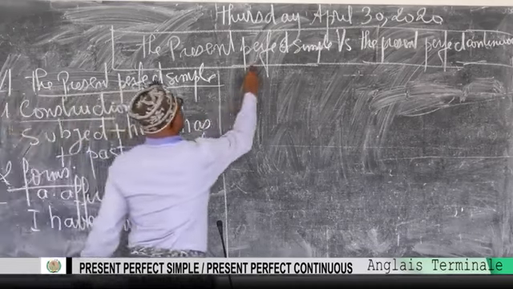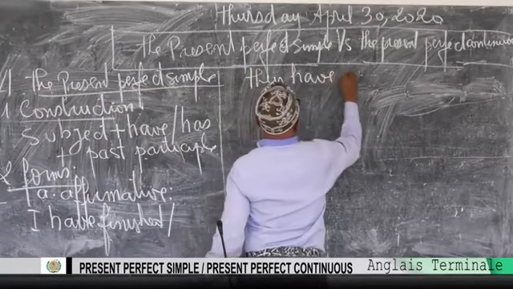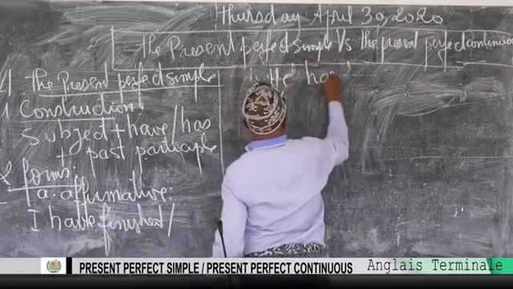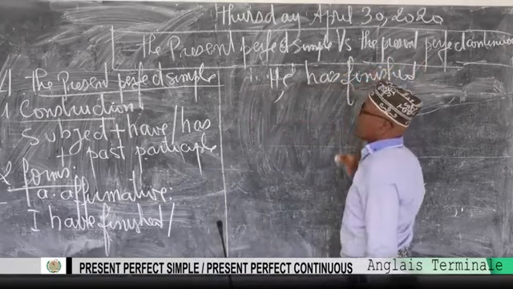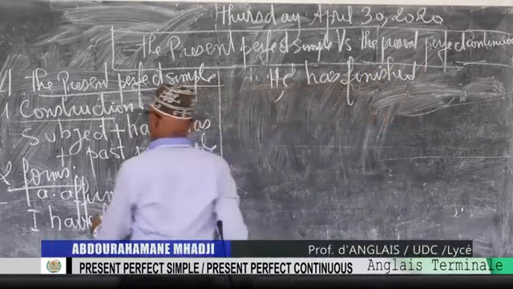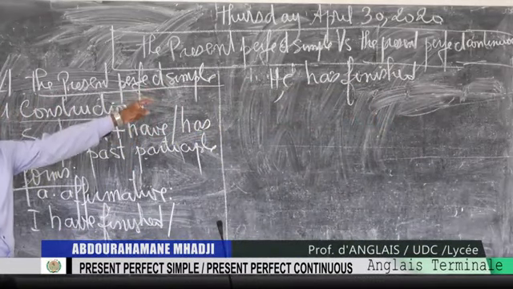Or, they have, or he has finished. So depending on the subject, you can either use have or has, as you can see on the chalkboard.